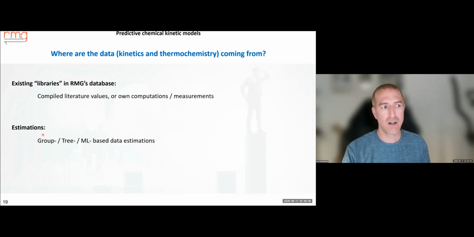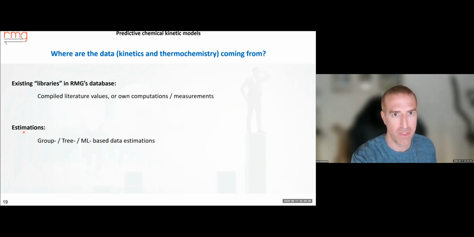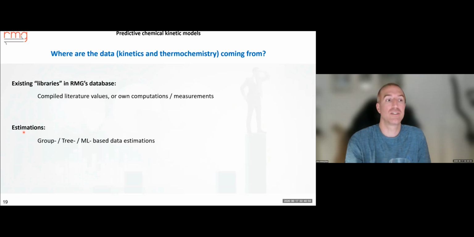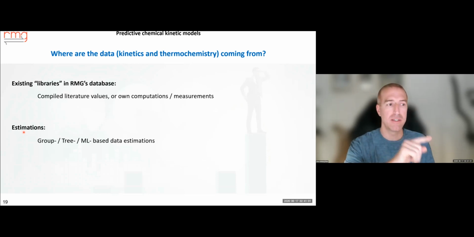But since these are estimations, the problem is that it's not accurate. We're using group theory or decision trees. So really what we want to do next is improve the model, improve the estimations.